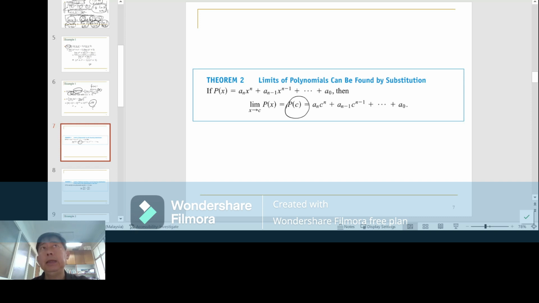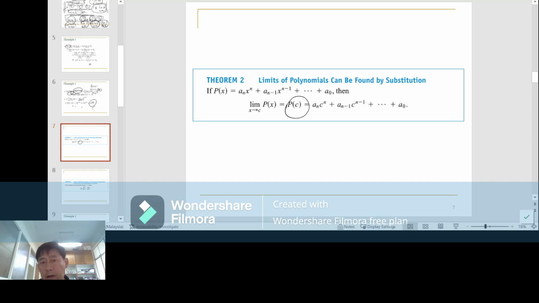So this is another very useful tool. With theorem number 2, next time when you are given some polynomial function, you will be able to write down the limit of the polynomial straightforwardly.